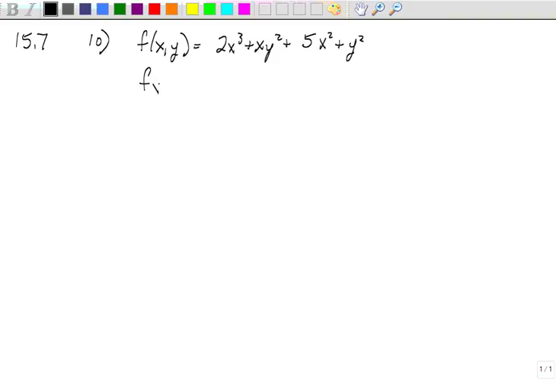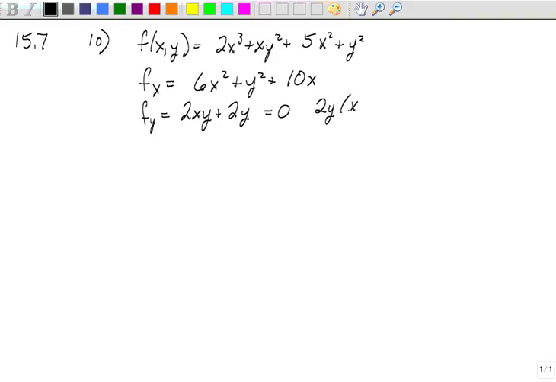Let me just go through and take the derivatives. Now, if this is equal to 0, then we have that. So that shows us that either y is 0 or x is negative 1. We take those values and plug them back into here.